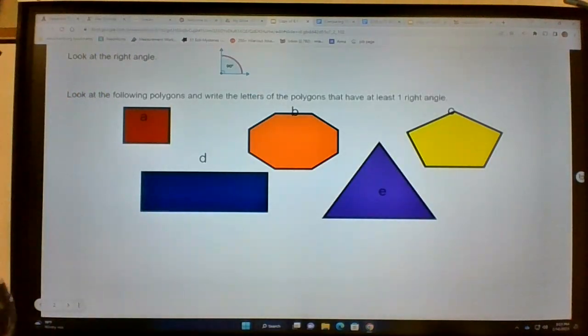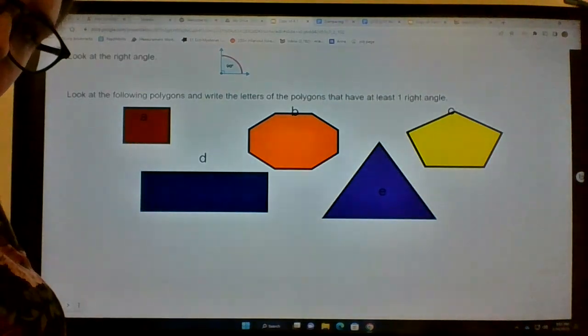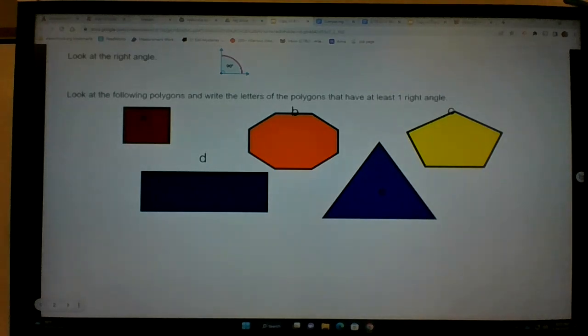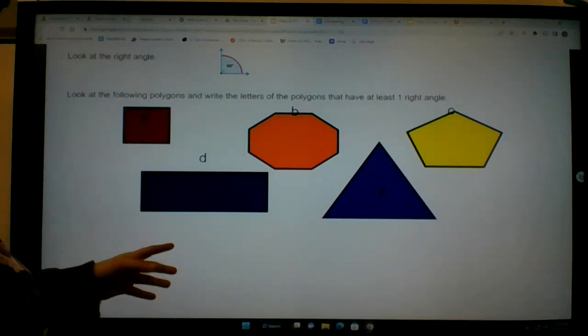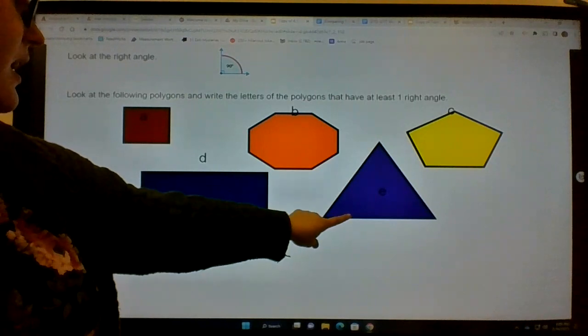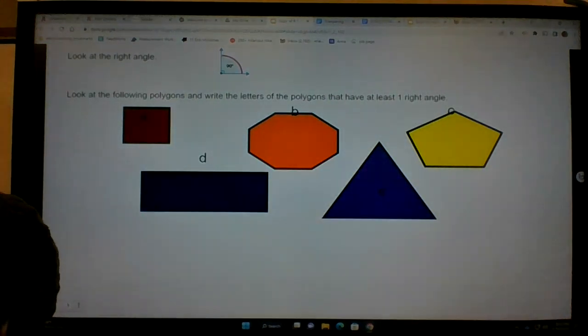I want you to look at the following polygons and think about the letters of polygons that have at least one right angle. You don't have to write this down. I just want you to be thinking about it as a warm up. We have A, B, C, D, and E. Which polygons have at least one right angle?